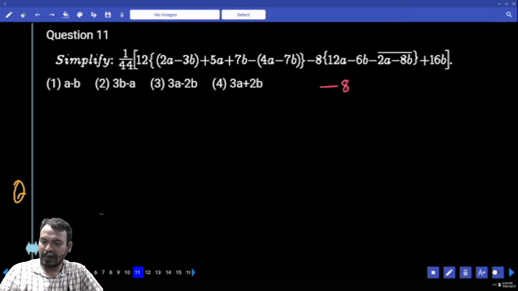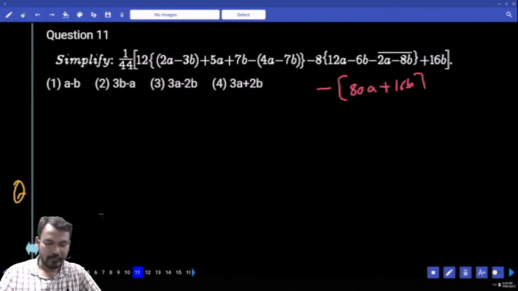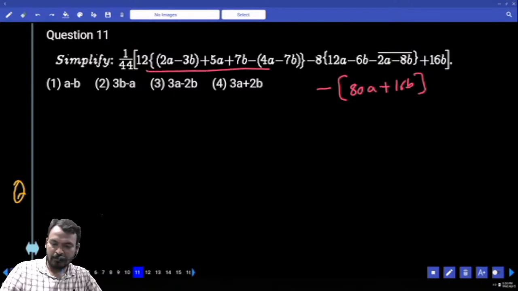What is the value here? Minus 8A, minus of 80A plus 12B, 16B. And here 12 is a multiple of the total value. First 2A plus 5A, 7A minus 4A, 3A, 12 into 3, 36A.